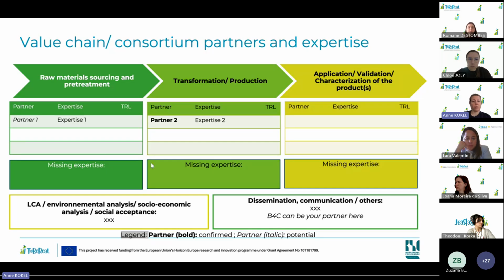Then you can map the different missing expertise accordingly, and do not forget all the transversal partners that will also be important, for instance, for the environmental analysis, the LCA, social acceptance, and whatnot. That depends also on the requirements of the specific topic you're applying to. And then you'll have a partner also for communication, dissemination, exploitation of the results, because it's mandatory for CBE JU. We can be your partner, but there are many others.